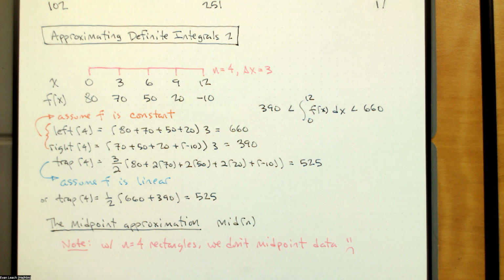We do not know what's going on at 1.5. If we decide that we're going to make the midpoint of 1.5, the midpoint of 80 and 70, we're just doing the trapezoidal rule. Stop, we're trying to do something new.